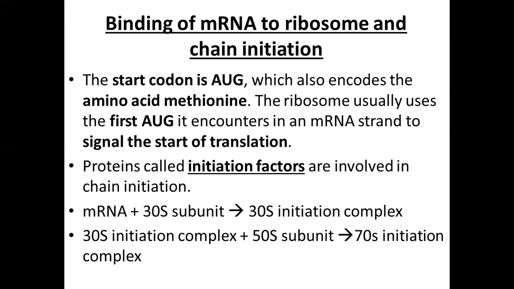The messenger RNA binds to the small subunit, the 30S subunit, which leads to the formation of a complex called the 30S initiation complex. Then that 30S initiation complex, binding with the 50S ribosomal subunit, will lead to the formation of the 70S initiation complex.